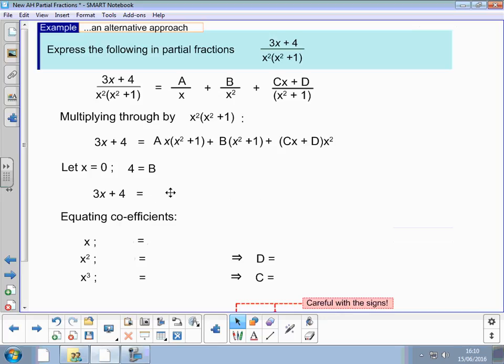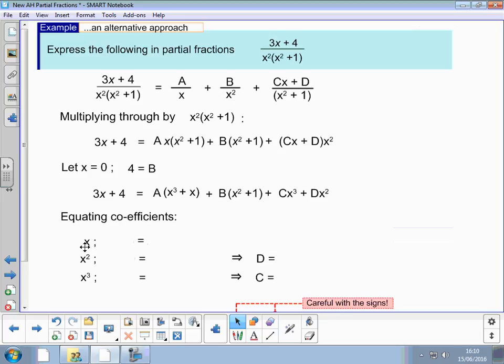There's a little step in here just to try and make that easier to do, just multiplying out this stuff. So when we do that, the a term becomes a times x cubed plus x. I've just multiplied these brackets. The b term doesn't change. And here, if I multiply through by the x squared, I get cx cubed plus dx squared.